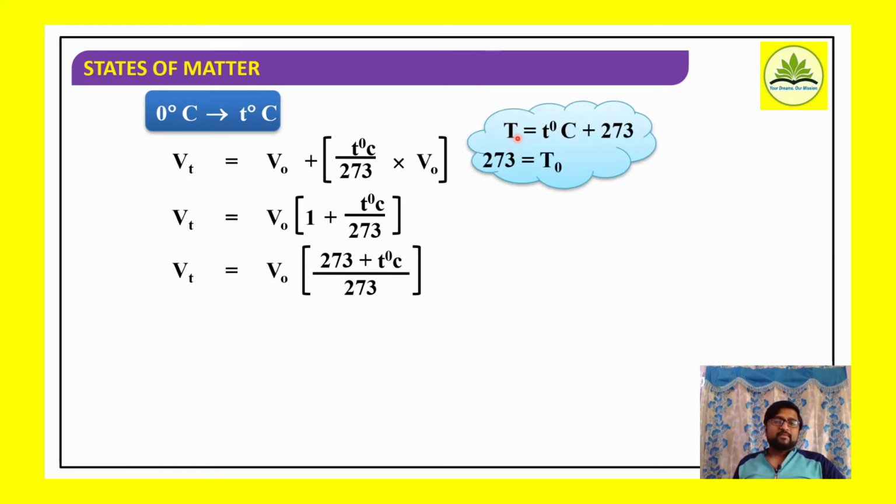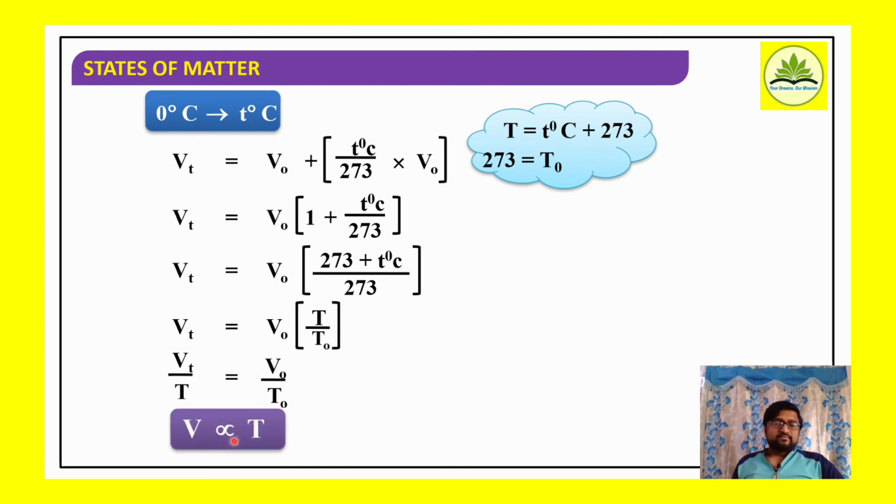Here capital T is nothing but T degree Celsius plus 273, and T naught is nothing but 273 Kelvin. Consider T naught as the initial 273 Kelvin and T as T degrees Celsius plus 273 K. So Vt is equal to V naught into the bracket of 273 plus T degree Celsius divided by 273, which is T by T naught. Vt is equal to V naught into T by T naught. Rearranging, Vt divided by T is equal to V naught by T naught.